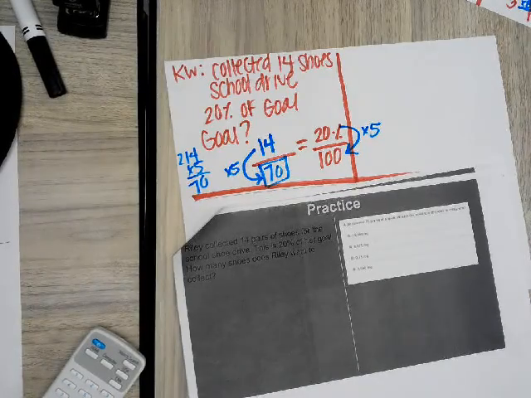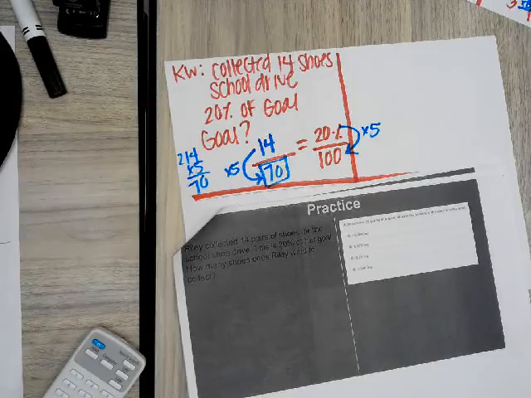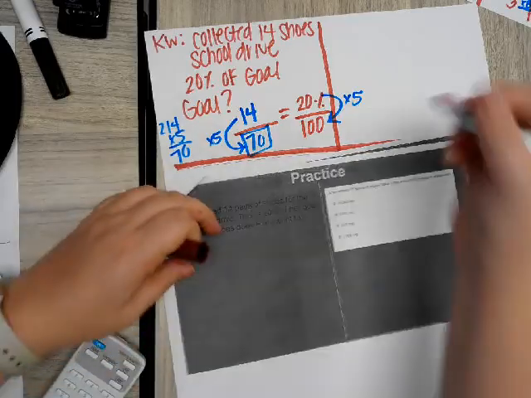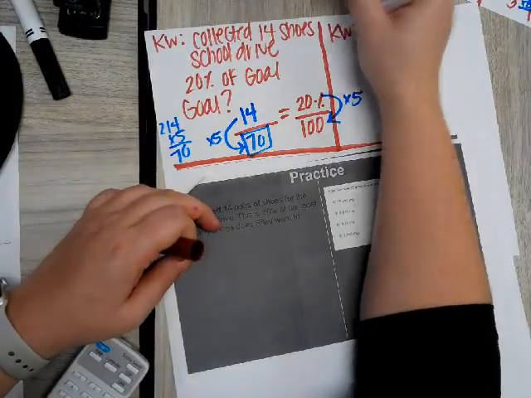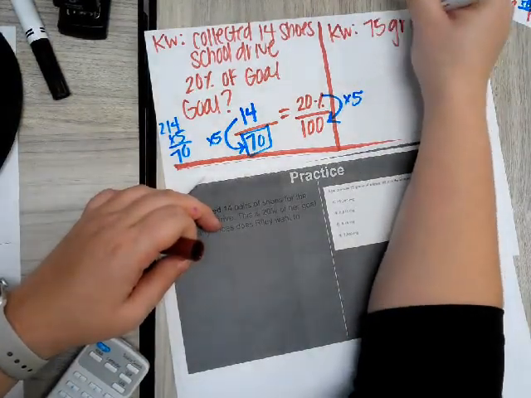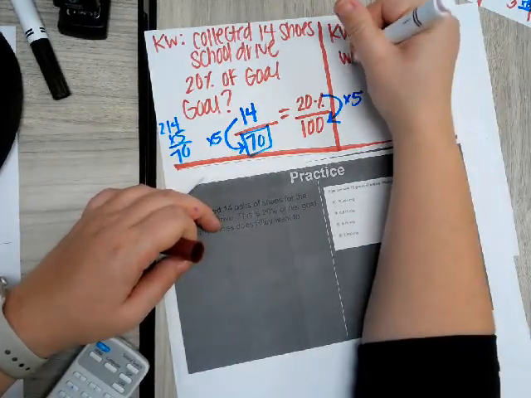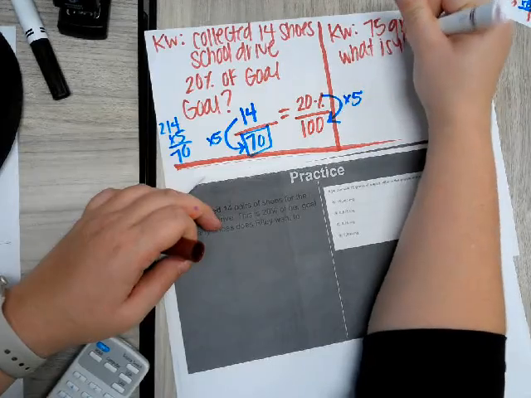Okay, last one. A jar contains 75 grams. What is it in milligrams?